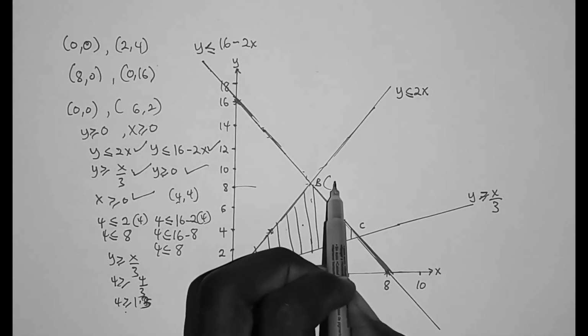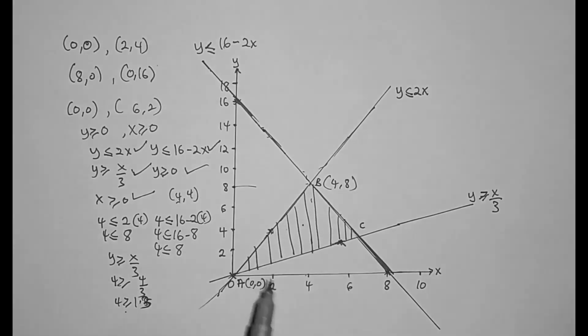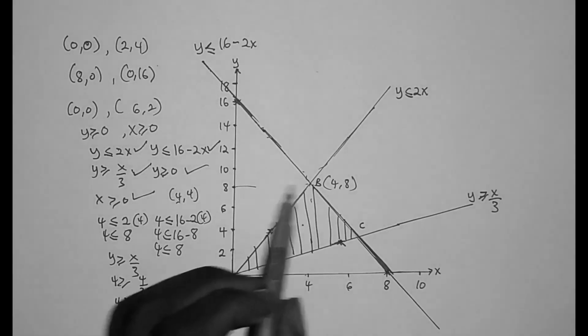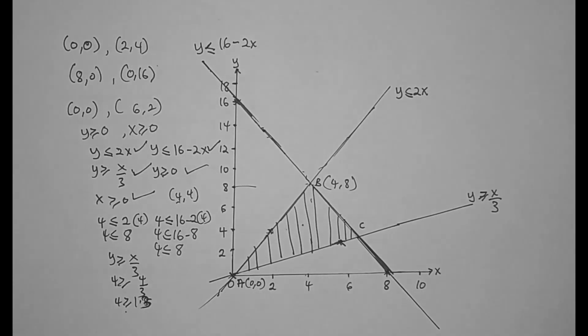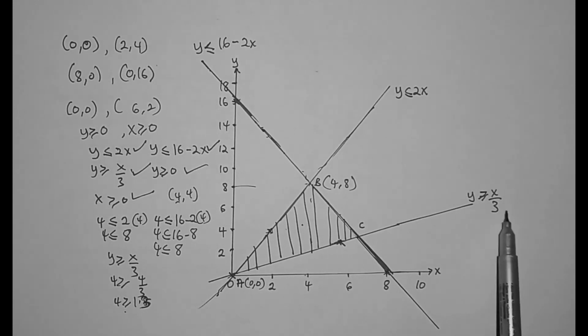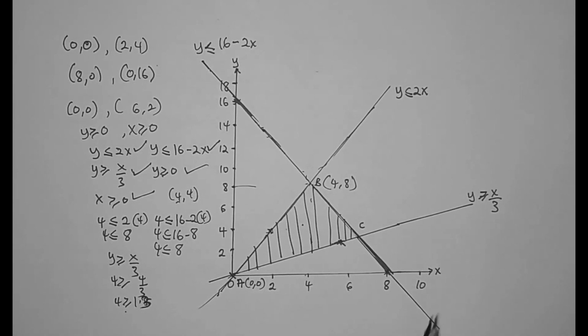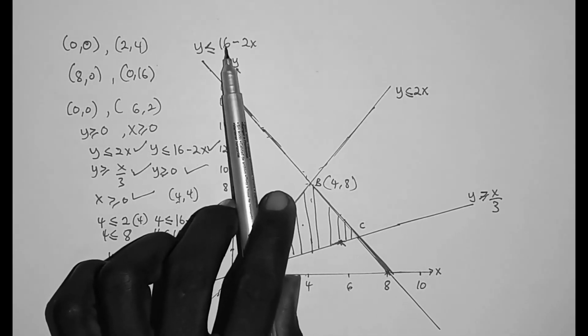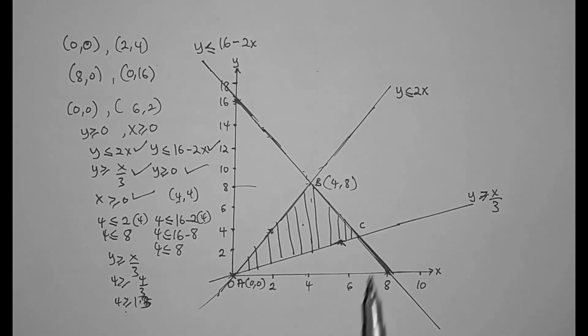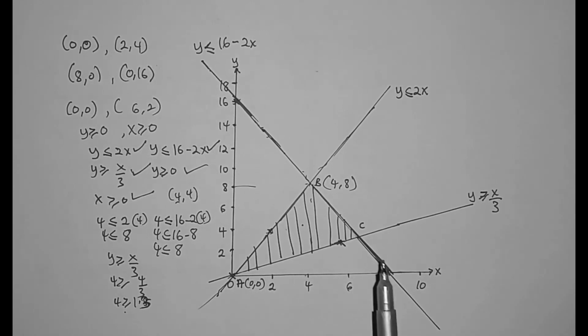So the point B is 4, 8. 4 somewhere here and then 8 is also there. Then C. Now what's the point for C? If we can't find it on the graph, we could just solve the two equations simultaneously to find the point of intersection of C.